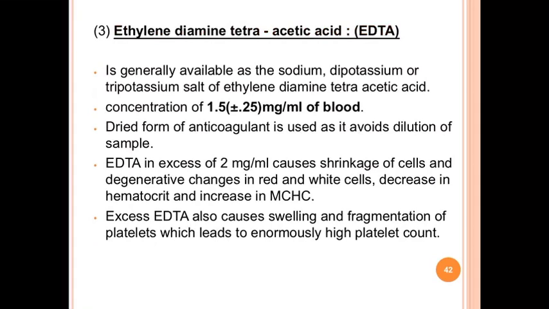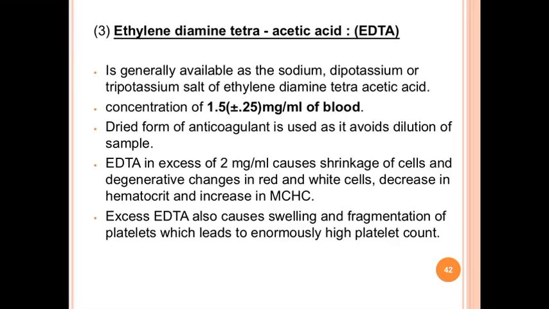Dried form of the anticoagulant is used as it avoids dilution of the sample. Excess concentration, like 2 mg per ml, causes shrinkage of the red cell and degenerative changes in the red cell or white cell, and decrease in the hematocrit and increase in the MCHC, mean corpuscular hemoglobin concentration.